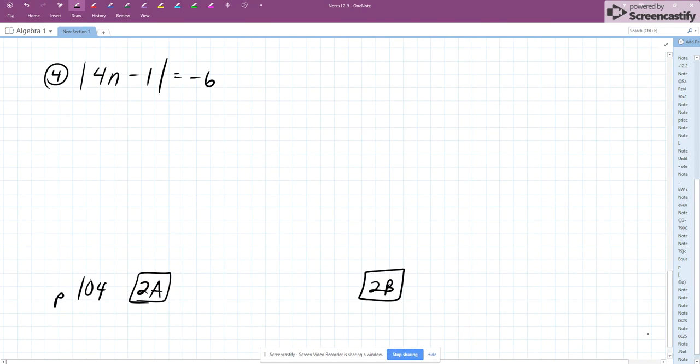All right, number 4. Don't do it yet. Just write down the problem and stop. The absolute value of 4n minus 1 equals negative 6. Remember what absolute value means. The absolute value makes the insides positive.